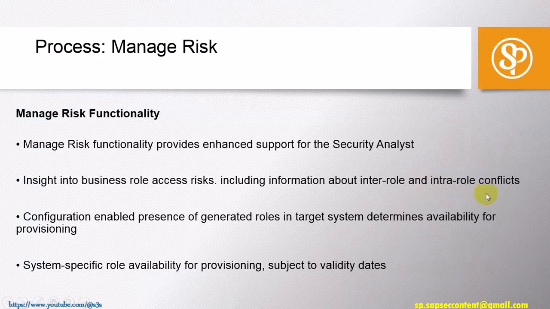While adding the transaction code to the role, it will display the risk analysis result. So before creating the role itself, we can remove the transaction codes and avoid duplication of work. Duplication means we created the role, and once we identified the conflicts, we again need to modify the role. That work will not be required through BRM. This is one of the major advantages of the BRM tool.